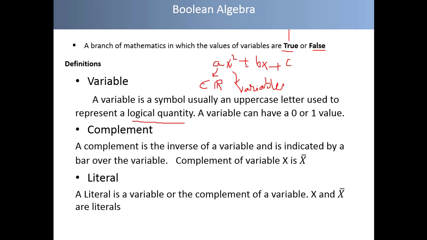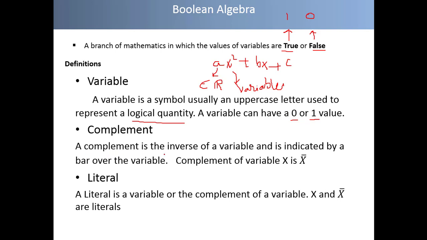We denote the true value by logical 1 and the false value by logical 0. Binary 0 is associated with the logical false situation, and binary 1 is associated with the true situation. So in Boolean algebra, a variable can have a 0 or a 1 value.